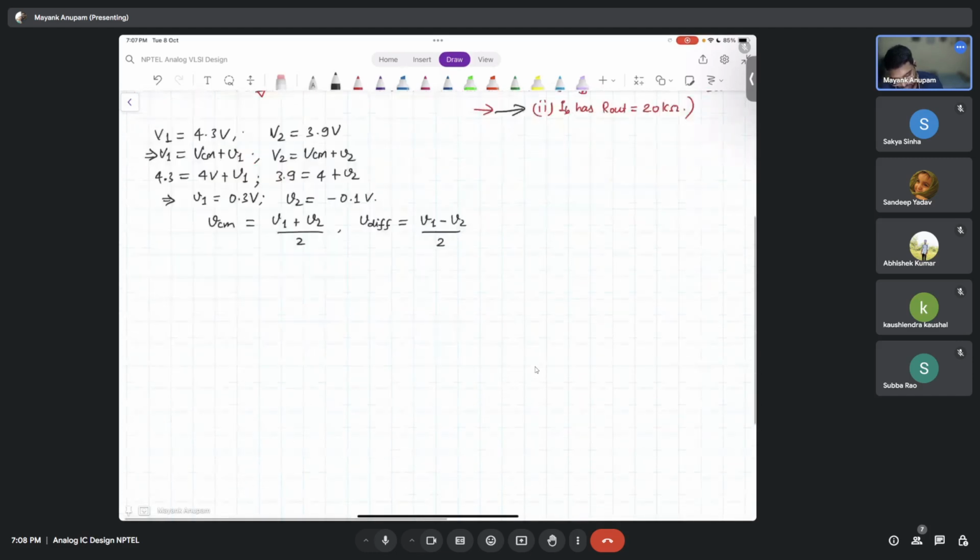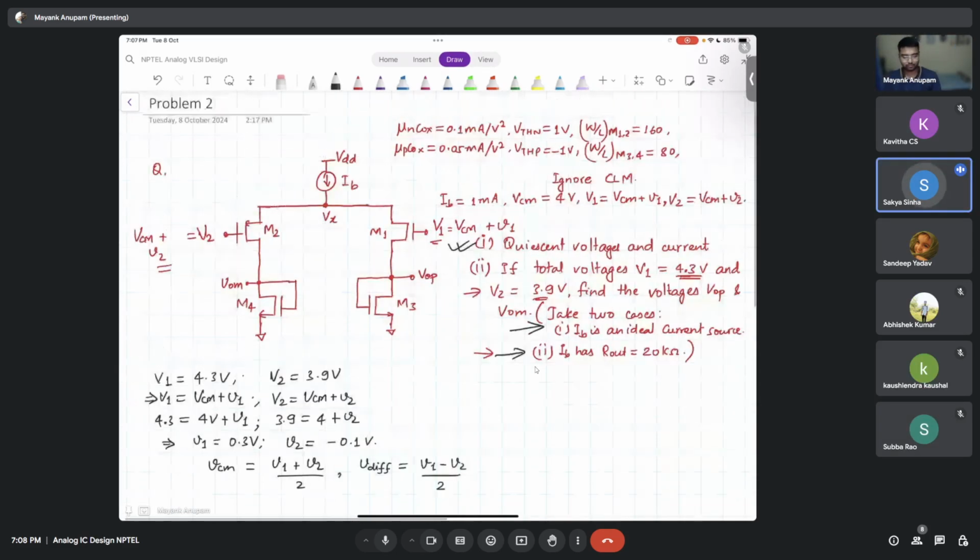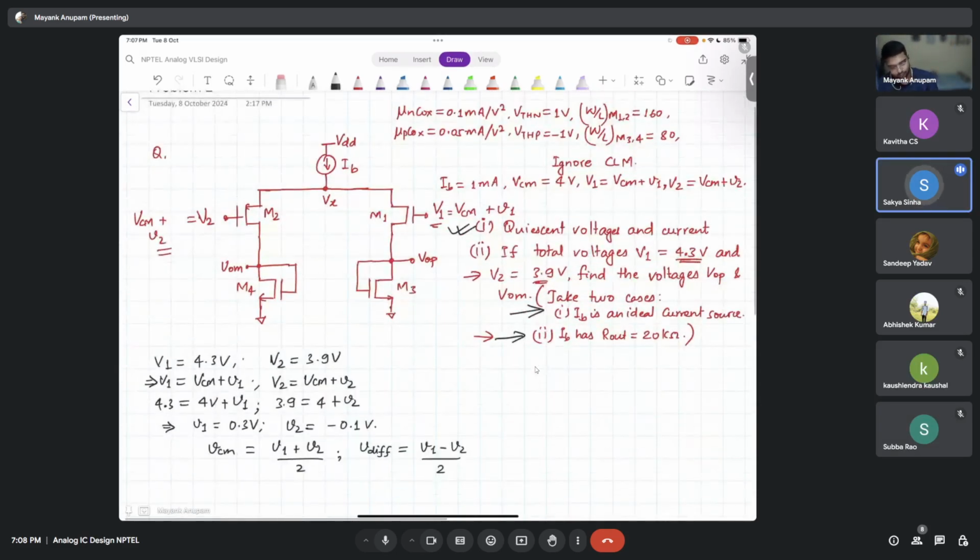So when the voltages are not fully differential, we have to do this process. I mean, you need not do this. It's just done as was asked by Abhishek. I think Abhishek asked this question: why we need to split it into differential and common? It's just that we want to understand it separately.